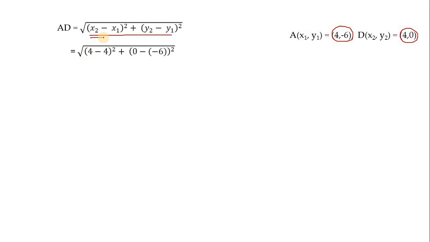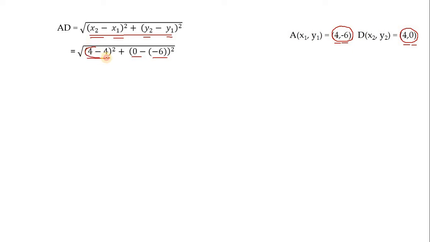Substitute the values. X2 value is 4, children. X1 value is 4. So hence 4 minus 4 whole square, y2 value is 0 and y1 value is minus 6, hence minus 6 whole square.